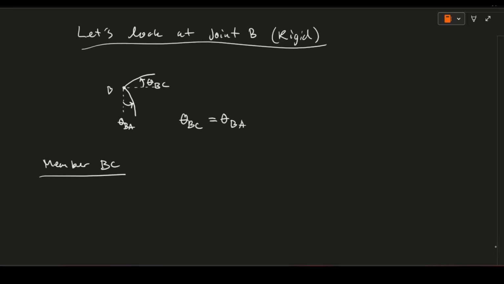But since there is no shortening in the beam and the column AB, we can assume that at B it has to be a pin connection like this.